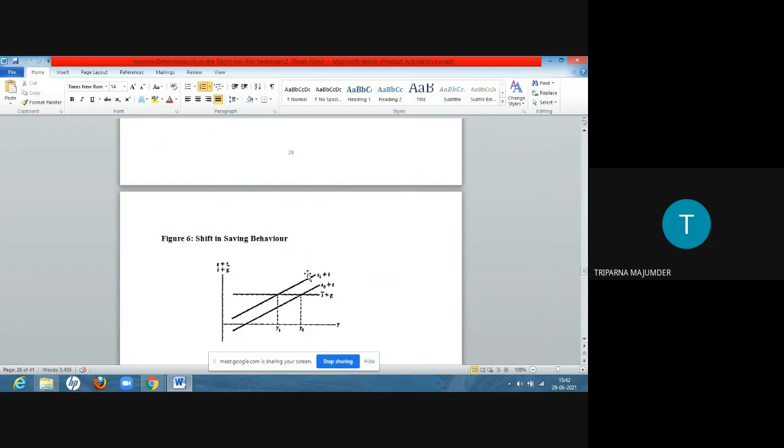We had equilibrium at this point where I bar plus G was equal to S0 plus T. This was our equilibrium level of income. Now see what happens. Here, at every level of income, savings has increased. So at this equilibrium level of income also savings will increase, and savings plus taxes will be greater than investment plus government expenditure.